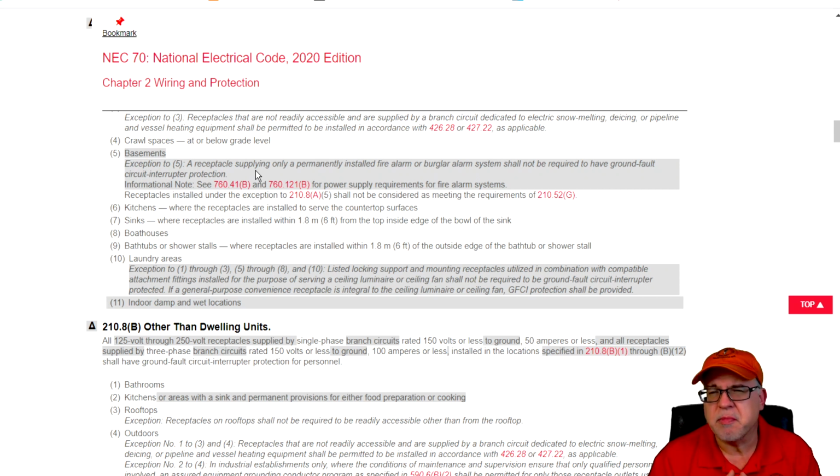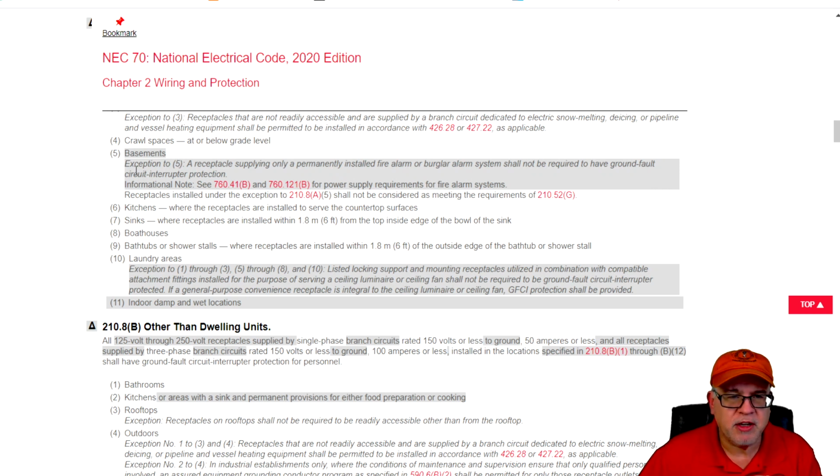Now, jurisdictions make rules, they change rules, they amend rules all over the country, but these are the general rules of the National Electrical Code. And so we tend to have to follow them unless a locality amends or changes something in their process. So again, basements, finished or unfinished, doesn't matter anymore. For the 2020 NEC, all receptacles are going to be GFCI protected.